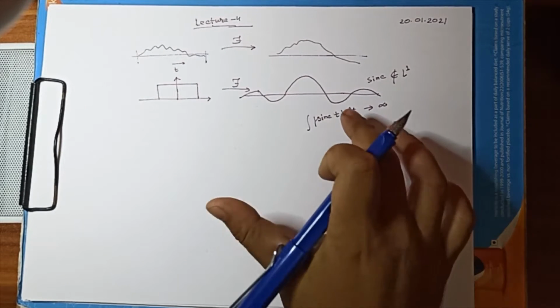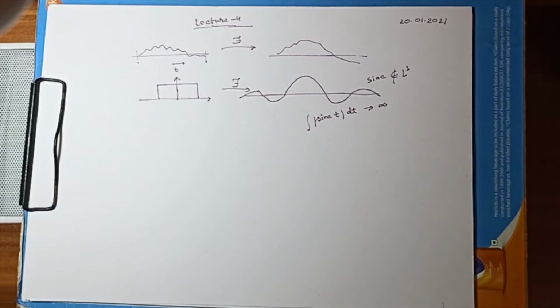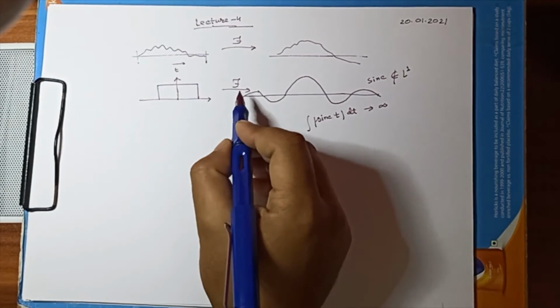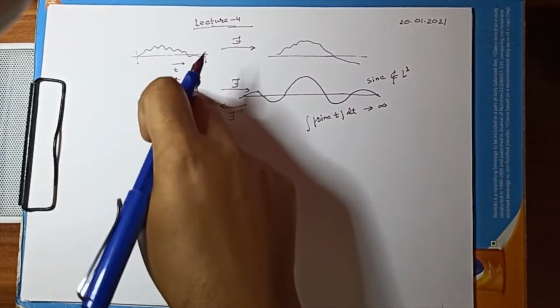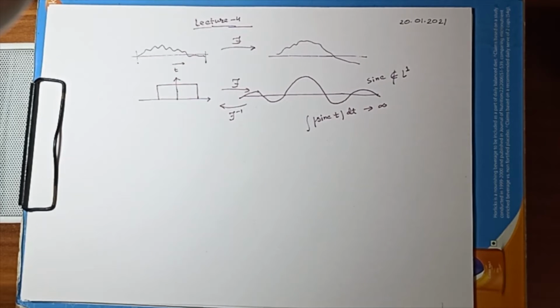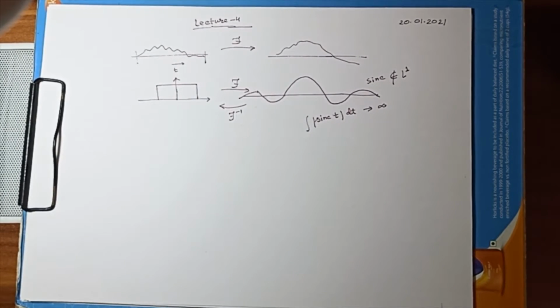So that is one problem. That's why the inverse Fourier transform of such a function normally does not exist. But if you approach from the L2 theory point of view, from Plancherel's theory, you will definitely get the box function back if you take the inverse Fourier transform, but that transform will not be continuous, which is evident from the box function.